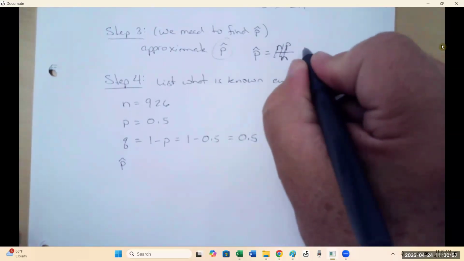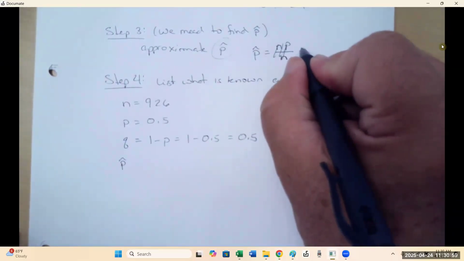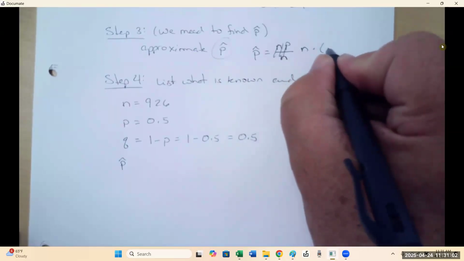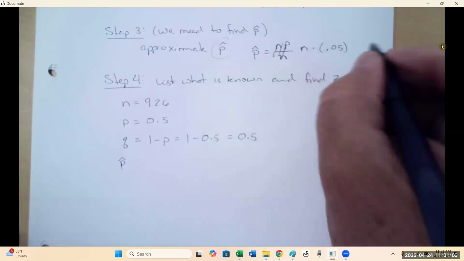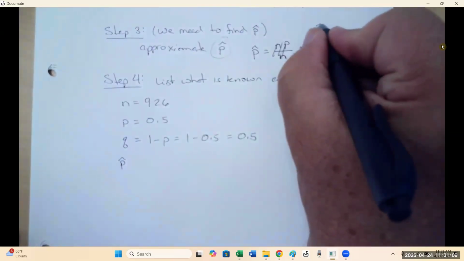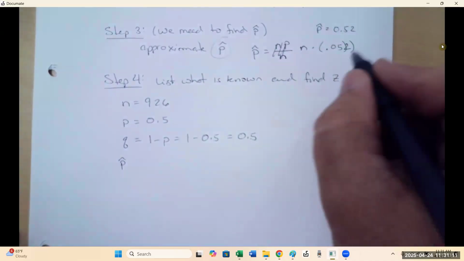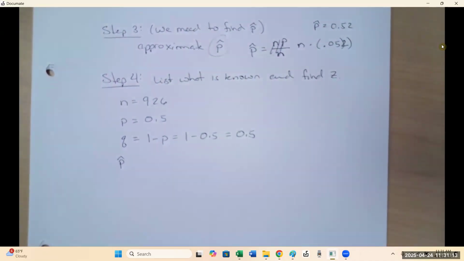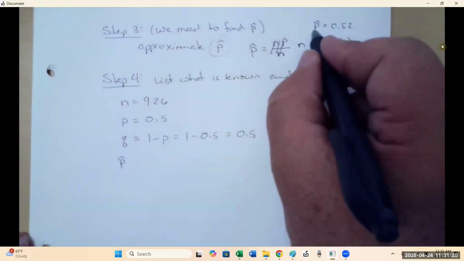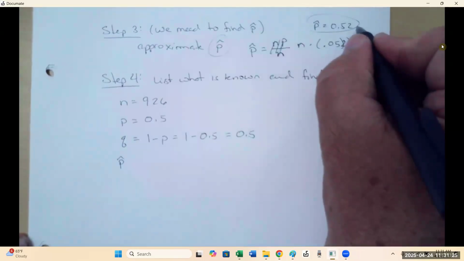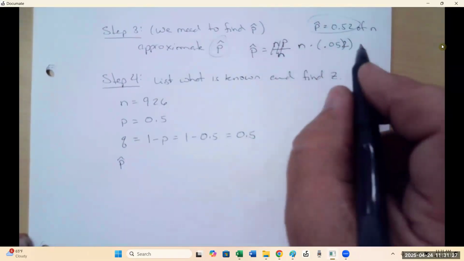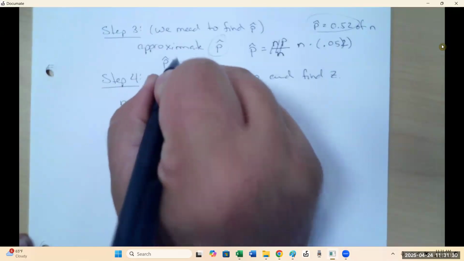Yeah, it's N times our 0.52, because it was stated that 0.52, but now we figure out what the value is. Yeah, the p hat value is 0.52, but 0.52 of what? 0.52 of N.